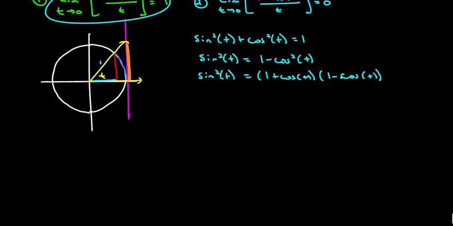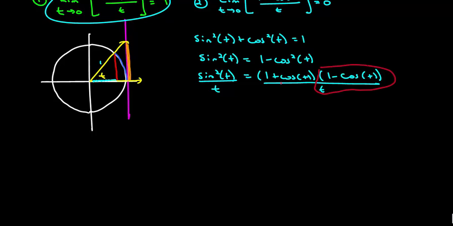Now, what I'm looking for is 1 minus cosine t over t. So what I'm going to do is simply divide everything by t, because t is not 0, because we're going to be taking the limit of it. So we'll divide both sides by t. And I want this guy over here by itself.